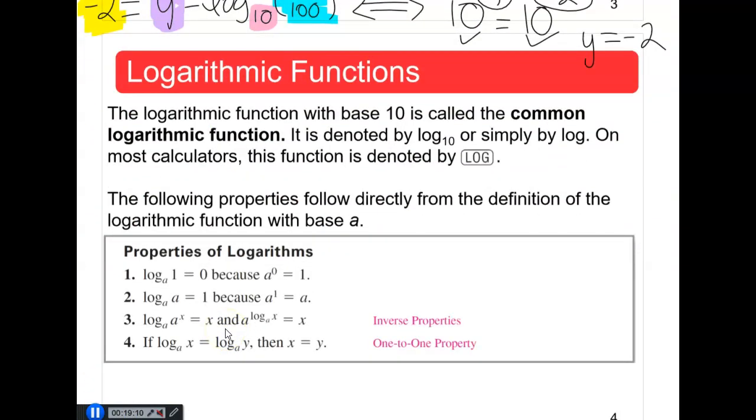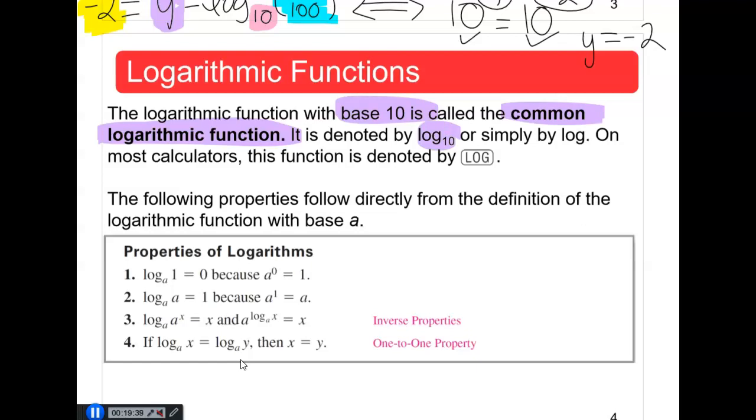So now we're going to go over 4 of the properties to evaluate logarithms. Here we're starting with what I was mentioning about the base 10. Base 10 is called the common logarithmic function, and it is log to the base 10.